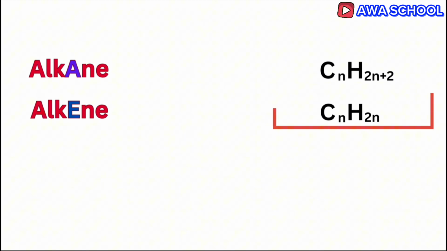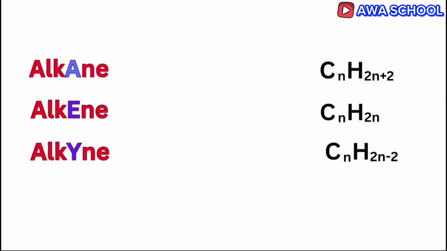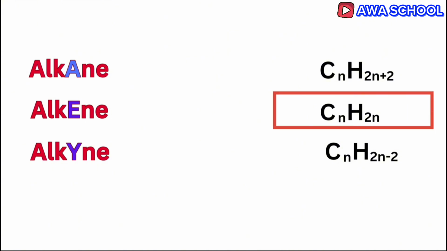The 2 is added to the hydrogen atom of our reference point. Exactly. And then 2 is removed from the hydrogen atom of our reference point for alkyne. So when I'm going above, 2 is adding. When I'm going below, 2 is removing, from the hydrogen atom.